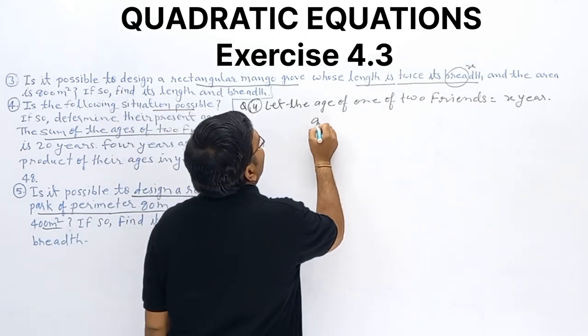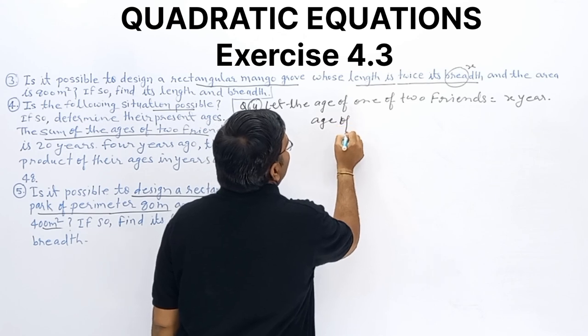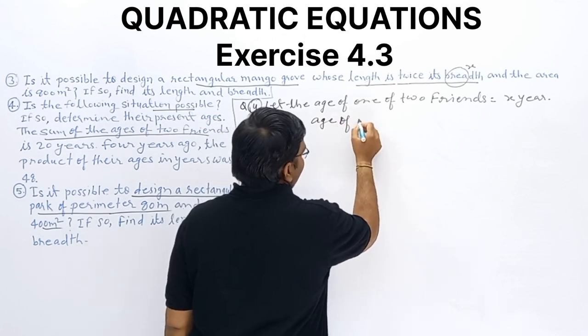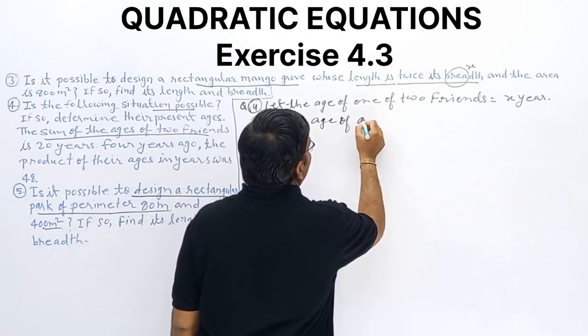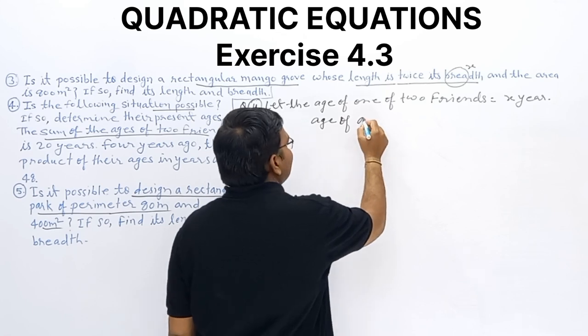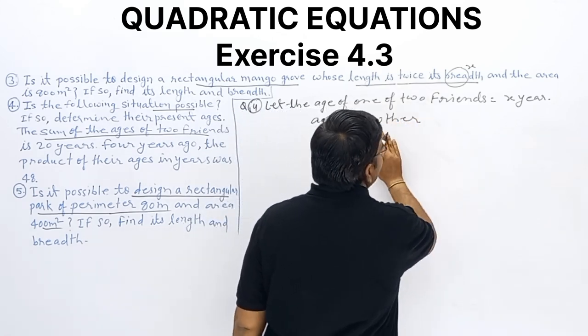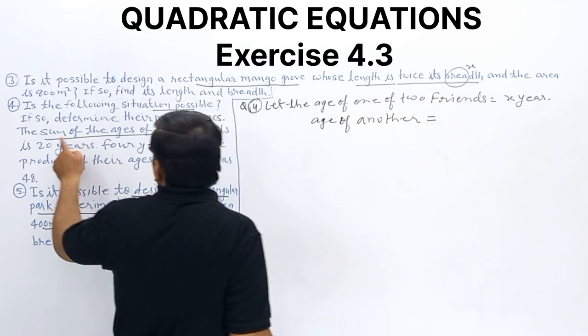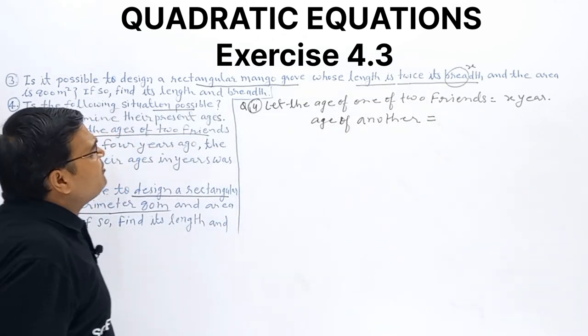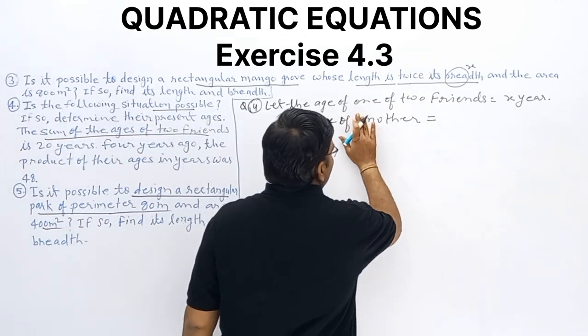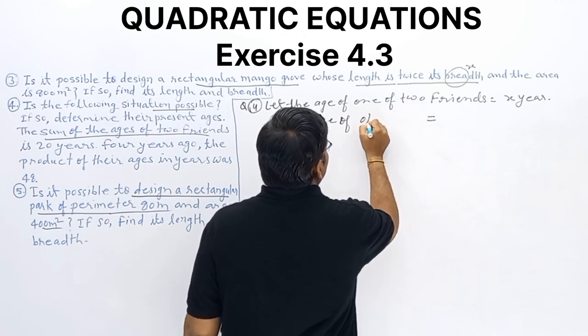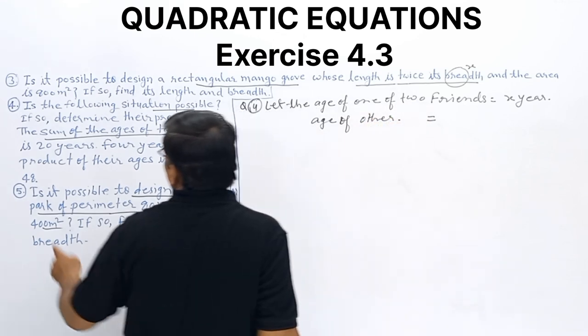So age of another will be what? Sum is 20, or directly we can say age of other will be what?